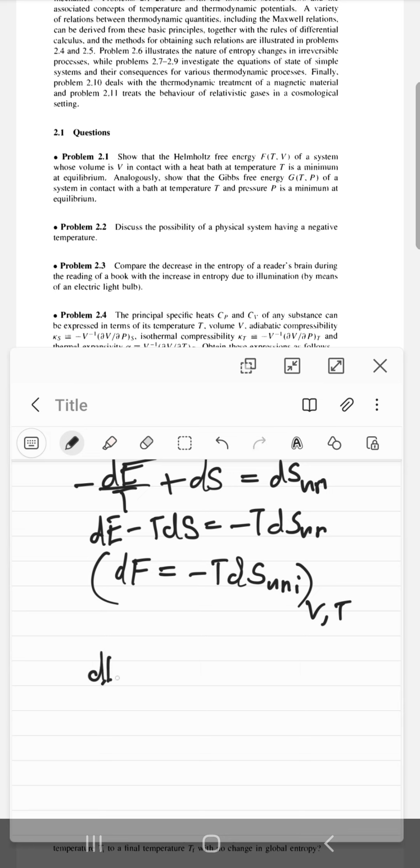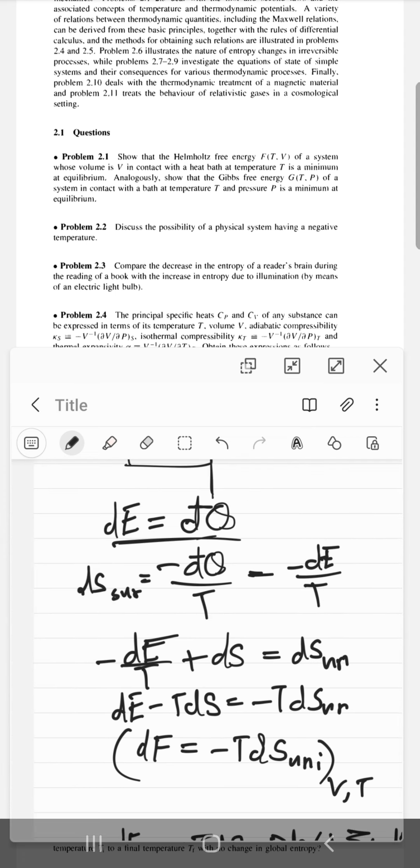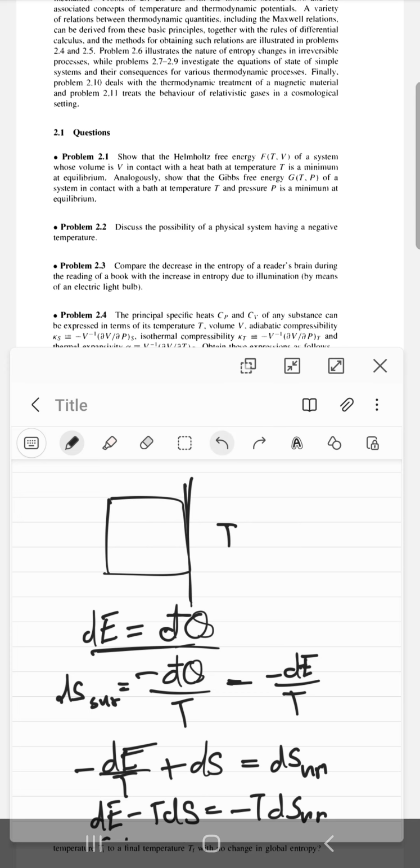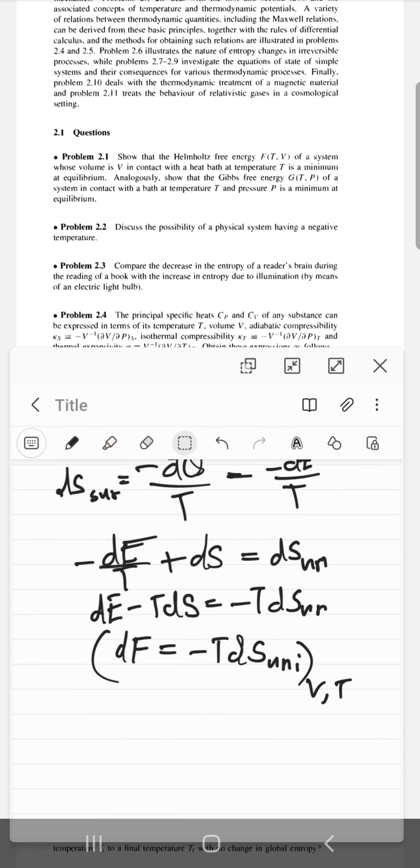The reason is that the equation is actually dE equal to TdS minus PdV plus the summation of mu_i dn_i. So this term could be changing for all we know. There could be a chemical reaction going on inside, we do not know, so we cannot just say that this part is the truth. It's wrong. So that deals with the first part of the first question.